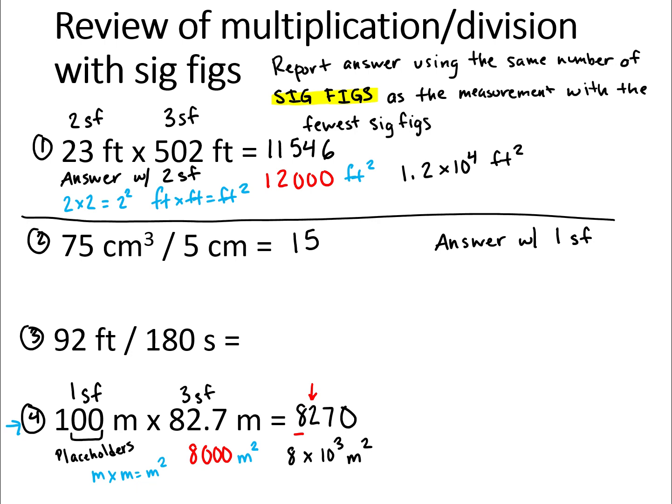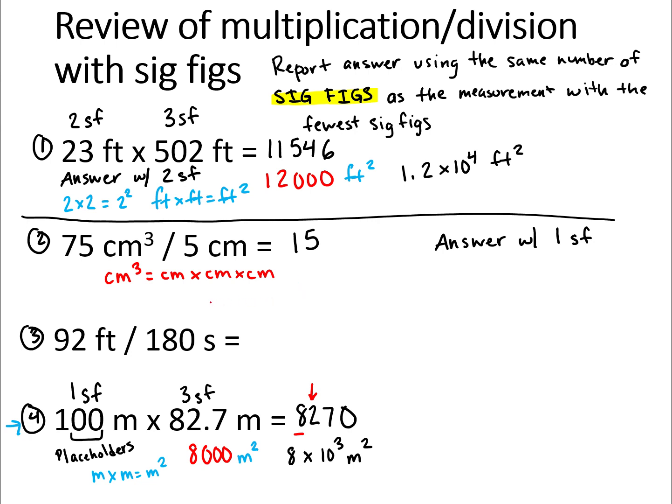But we have to do units. Centimeters cubed. What that really means is centimeters times centimeters times centimeters.